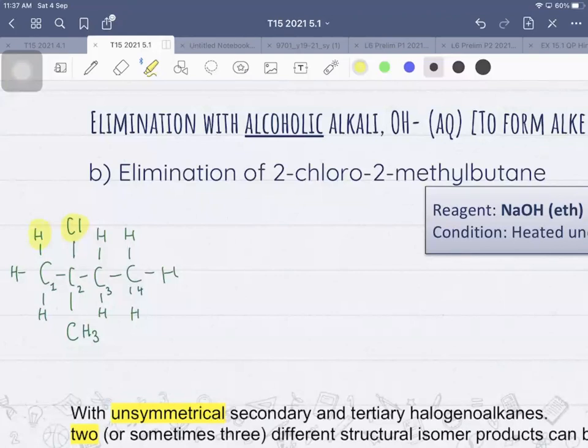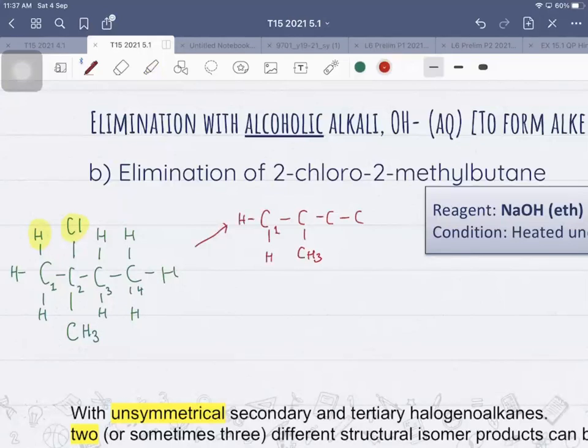As a matter of fact, I will form 2 products actually, right? So the first one is when we lose hydrogen from carbon 1 and the chlorine from carbon 2, that means I end up with this. So I'll just leave the CH3 as it is.